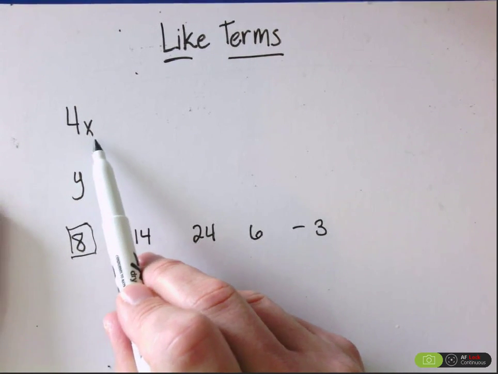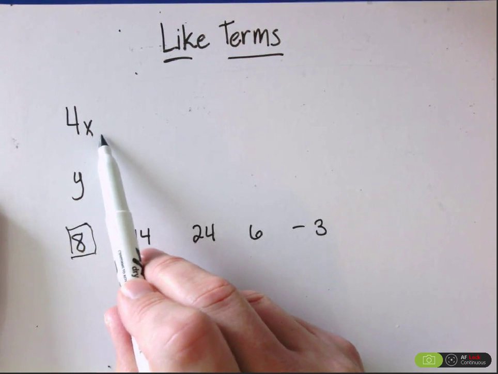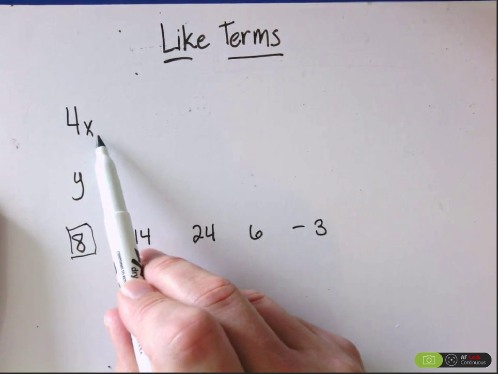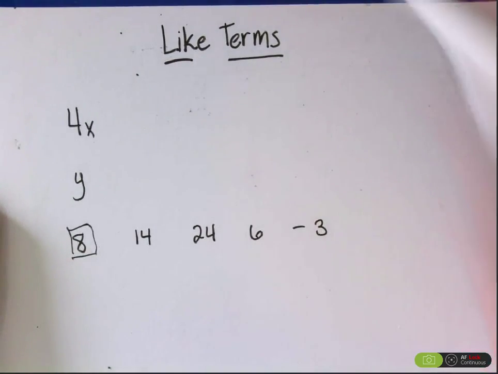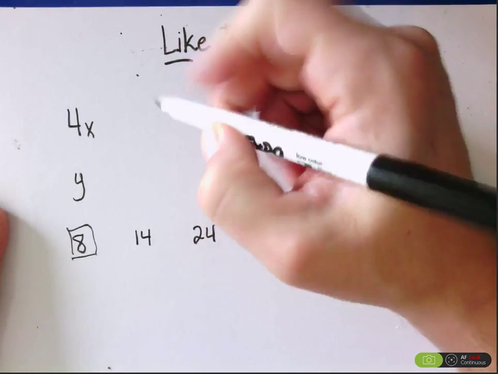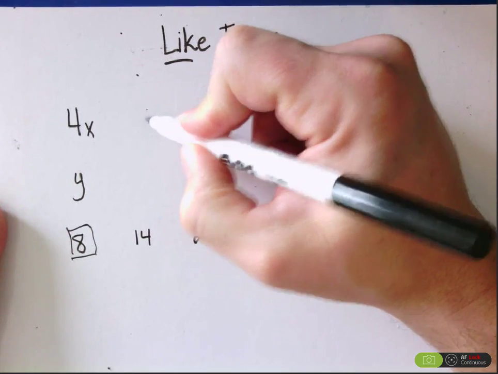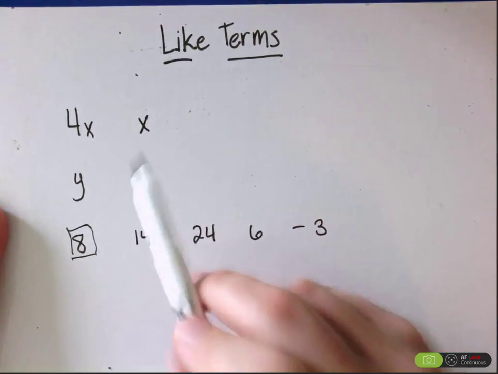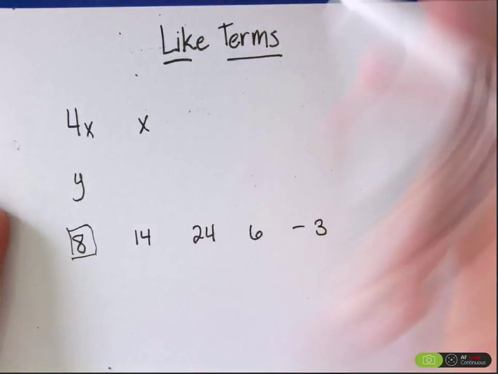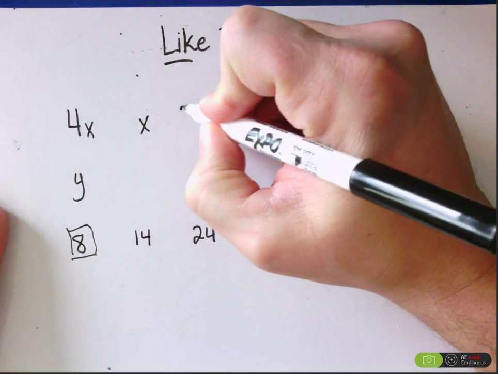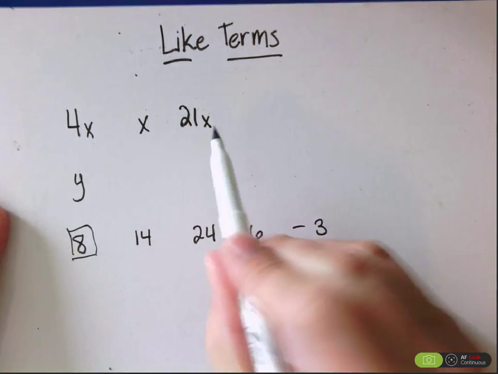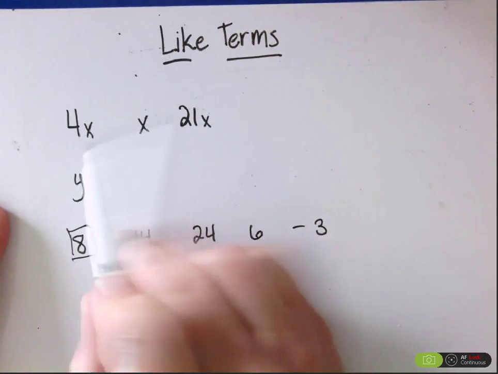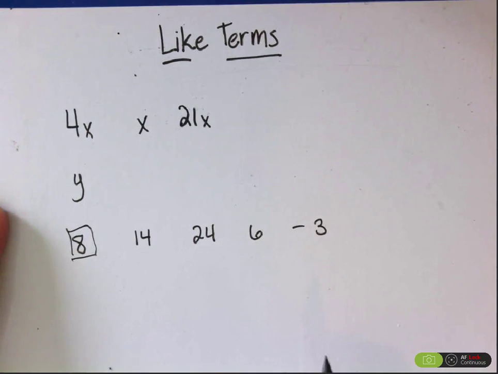If the variable is the same and has the same exponent. So, for example, a like term to 4x would be x. It has the same variable with the same exponent. 21x: the same variable, x, as 4x, and it has the same exponent.